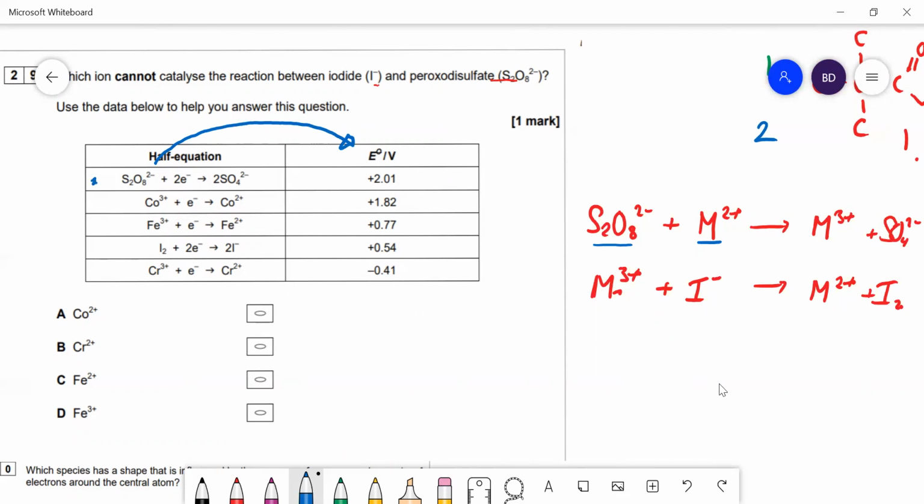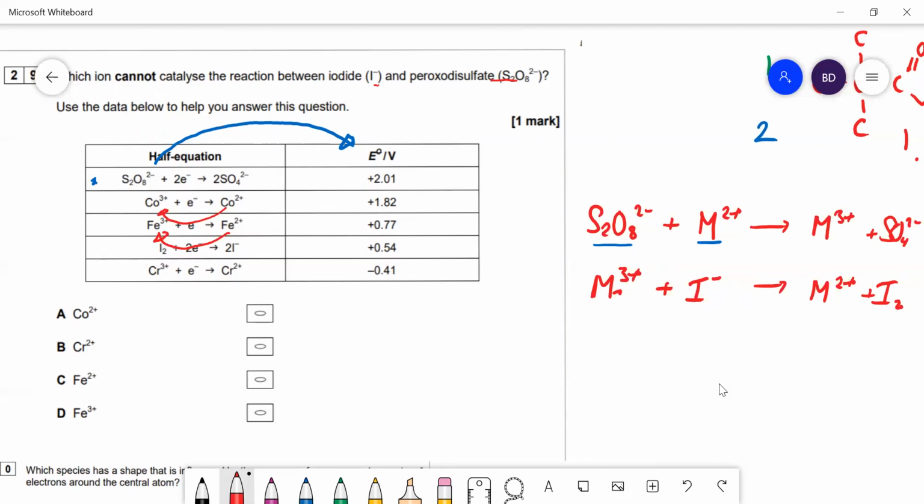Now, which 2+ ions can that oxidize? Well, it can oxidize iron 2, as we know, but it can also oxidize cobalt 2 because it's more positive than that. So far, iron or cobalt could work.